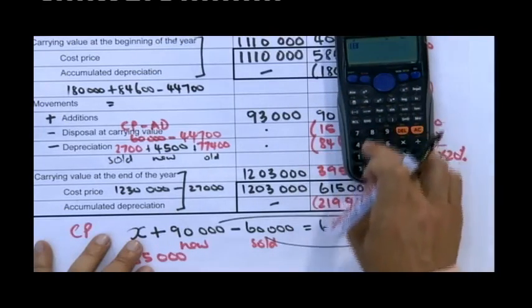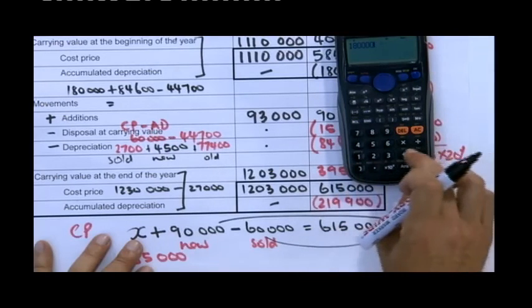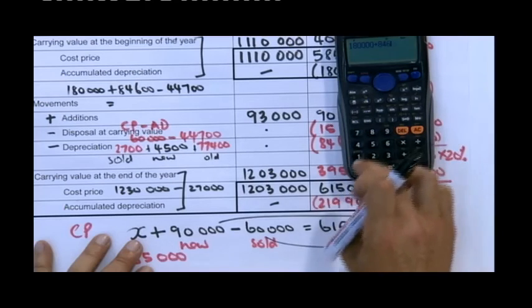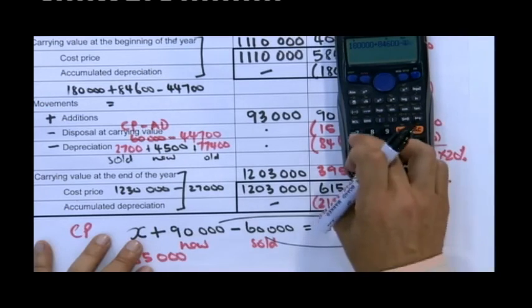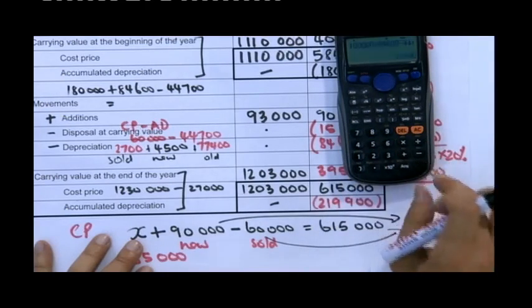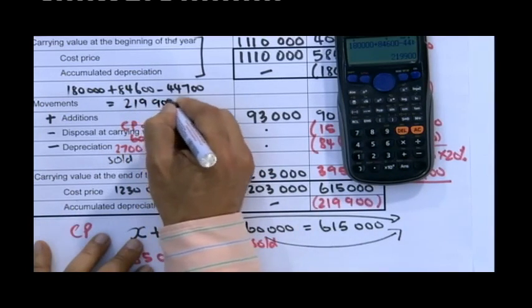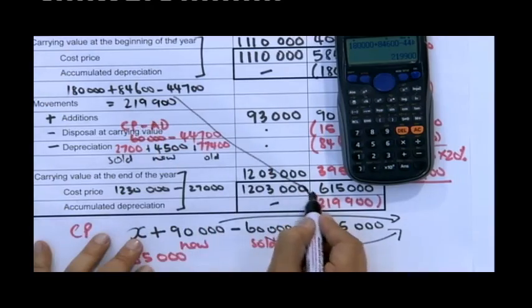So let's just check if that will give us the same total. It's 180,000 plus 84,600 minus 44,700. And that gives us 219,900, which is the same as that total over there.